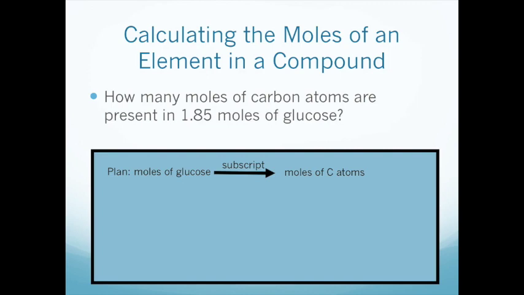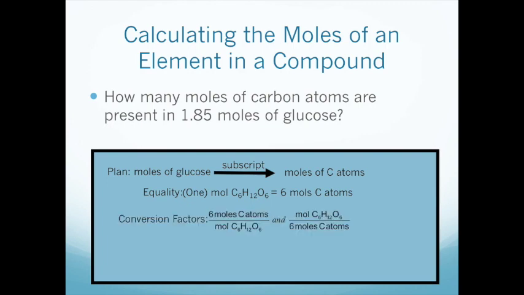We just saw the glucose molecule, but we'll have it again here. So 1 mole of C6H12O6, which is glucose, contains 6 moles of carbon atoms. Therefore, we have as a conversion factor 6 moles of carbon atoms per mole of glucose, or 1 mole of glucose per 6 moles of carbon atoms.